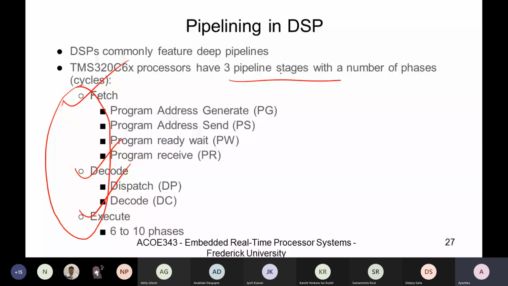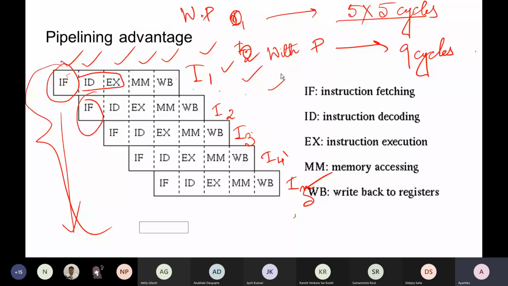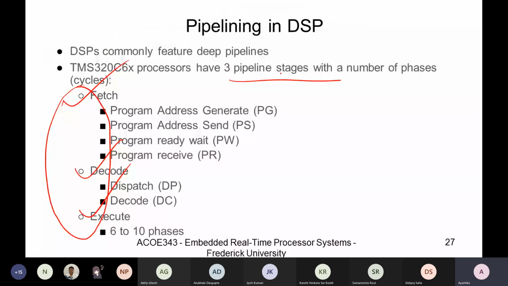But if you go for high-end processors, high-end systems, we generally see this kind of 5-stage pipeline. So whenever we are mentioning any kind of pipeline, it is important to tell what stage of pipeline we are considering, because the stages you choose will define how much gain you can expect from that pipeline.